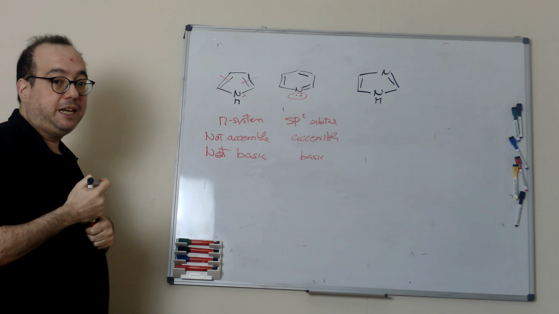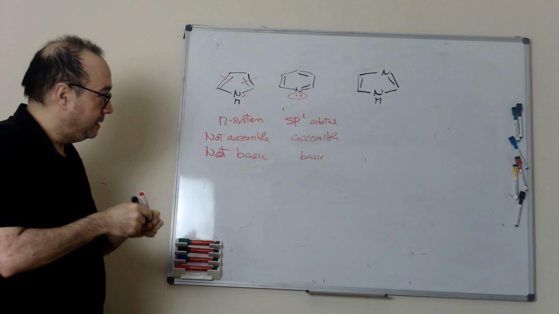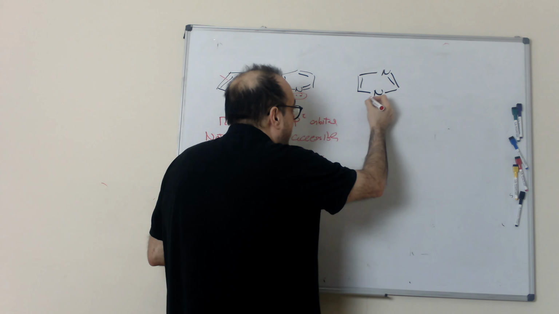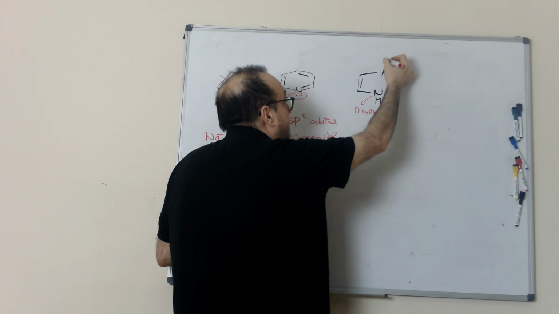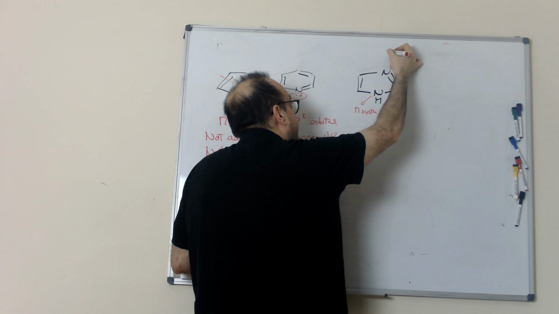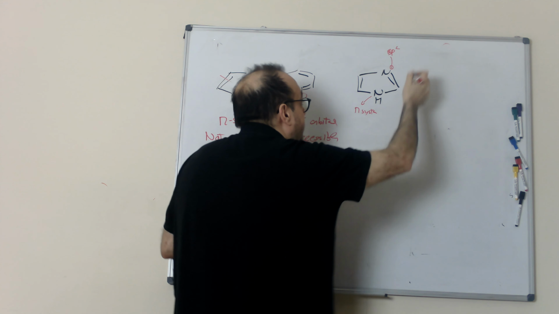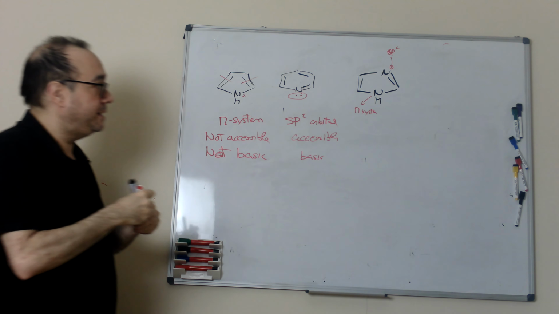Is this basic, yes or no? Well, the pair of electrons of this nitrogen are in the p system. But in this atom, they are accessible, they are in the sp2. That means that this compound will be basic at this nitrogen.